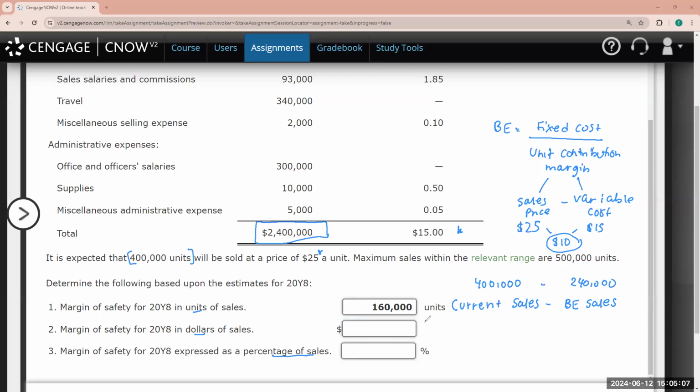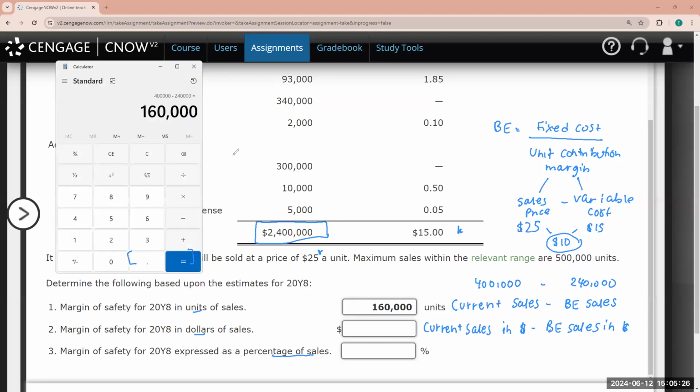So now part 2 is asking us, what is the margin of safety in dollars? In this case, it would be our current sales in dollars minus our break-even sales in dollars. We're using the same set of information: 400,000, which is the expected sales, multiplied by $25 per unit.